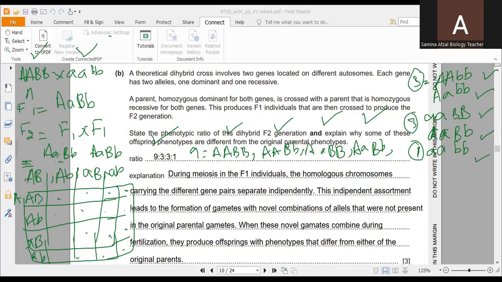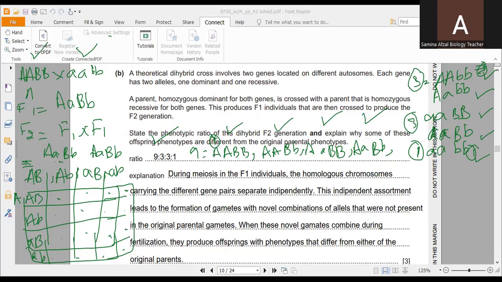For example, only this combination, this combination and this combination resemble the parents. All other combinations are different. And these combinations are produced as a result of meiosis.